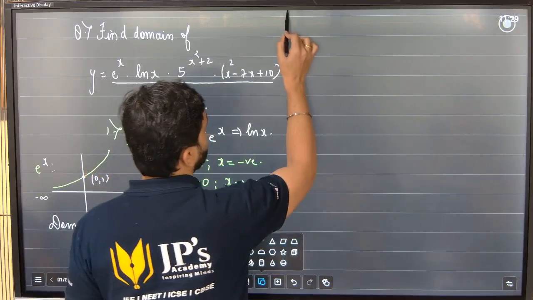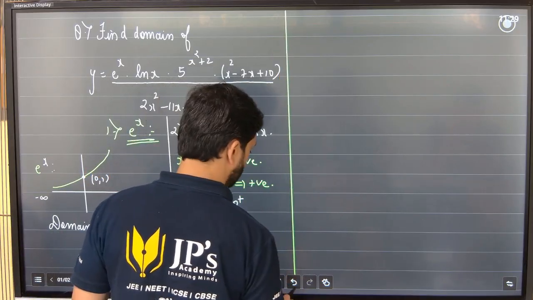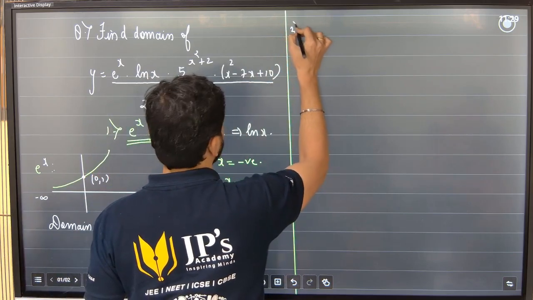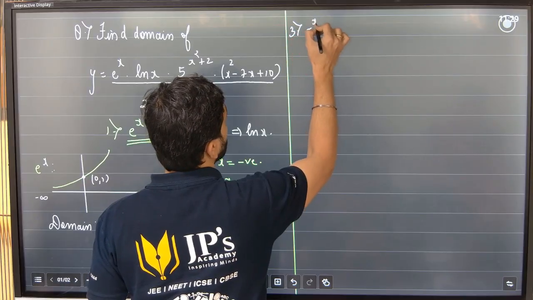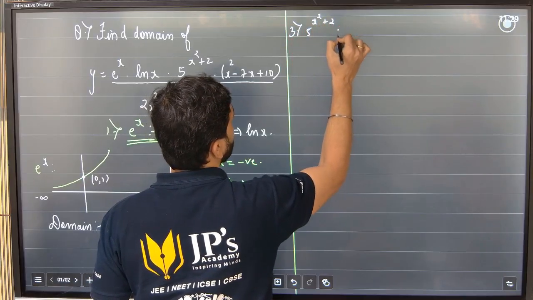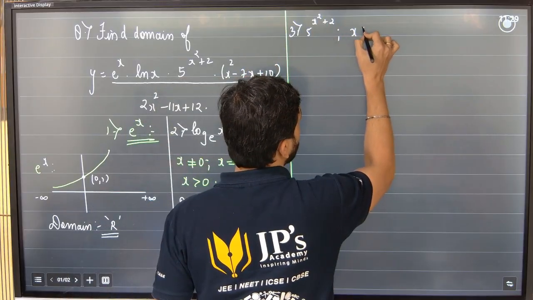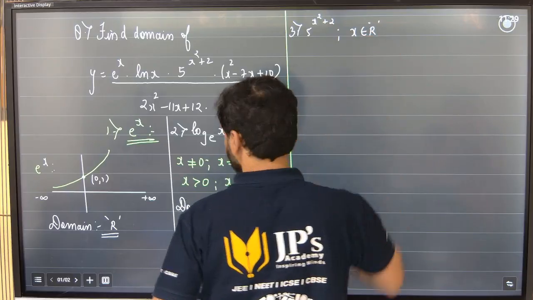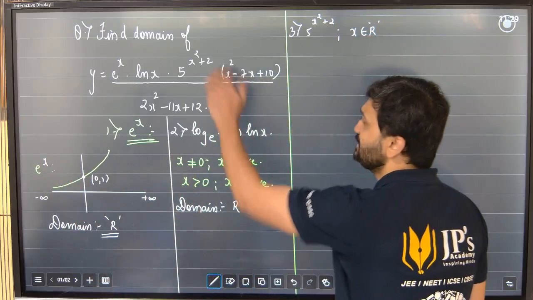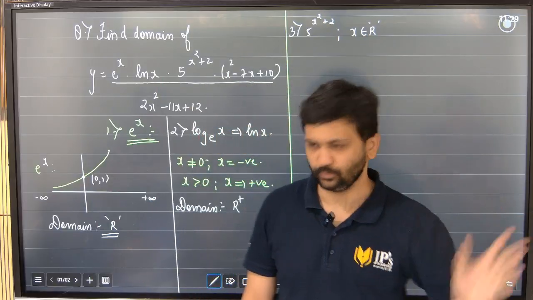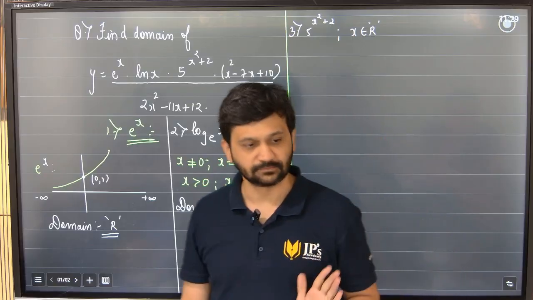The third part is exponential again. So if I write the third part, 5 raised to x square plus 2. I just told you that when it is exponential, x will belong to all real numbers. Take any value of x, and for the square, any value, you will get an answer.